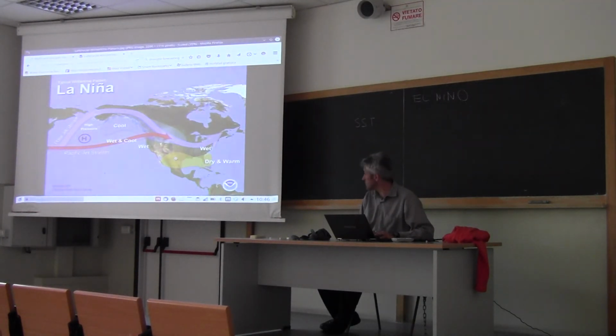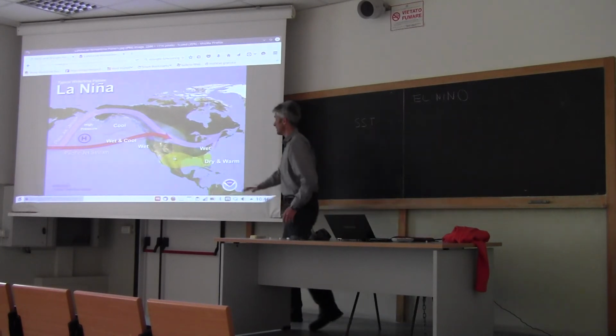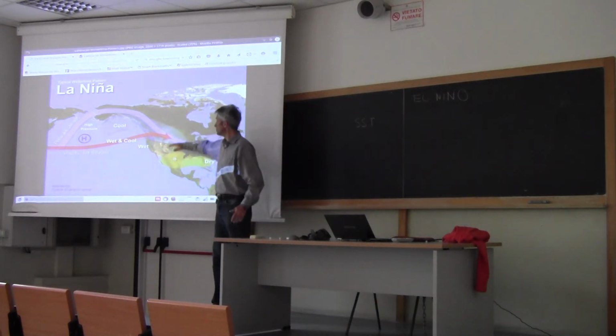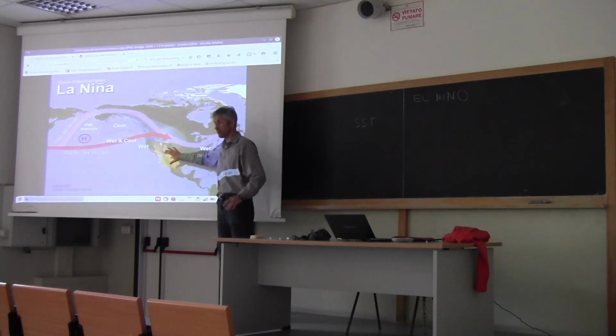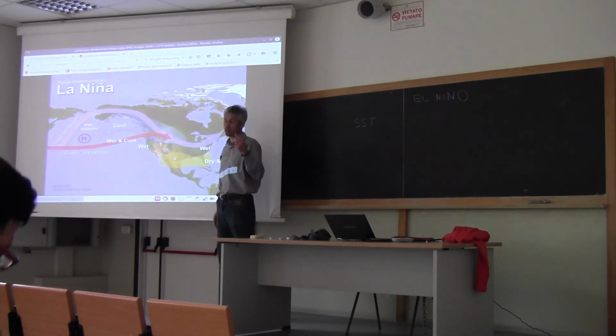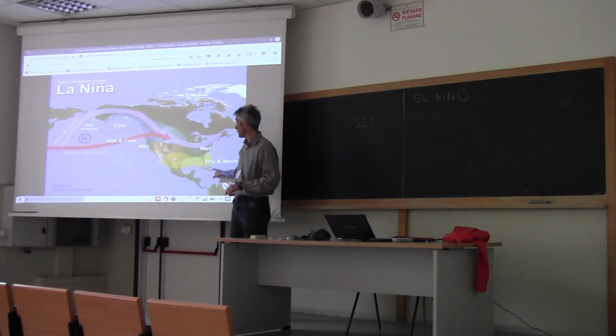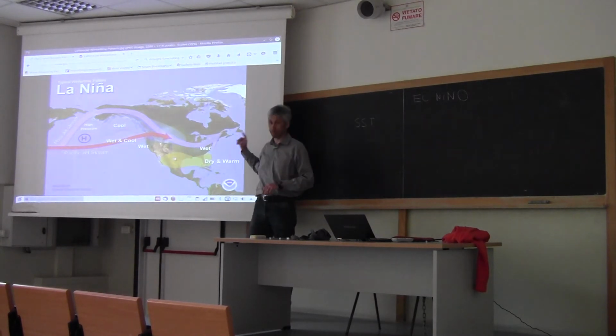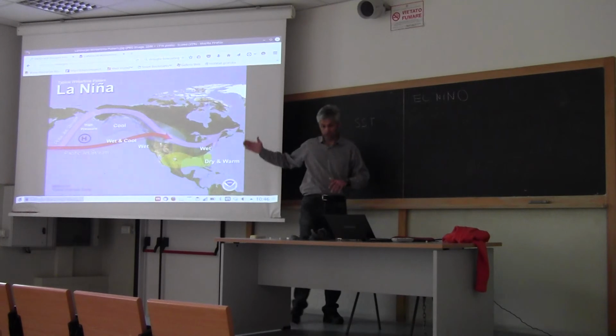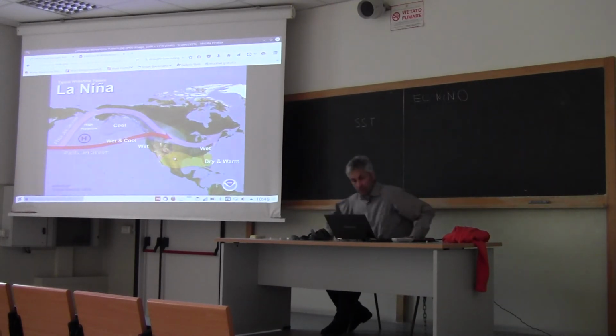And you see that the same area gets dry. So during El Niño, in fact, they say that the droughts in California are alleviated, are mitigated by El Niño, and are exacerbated by La Niña. And so you see what the effect is. And also look at the different displacement of the polar jet stream.